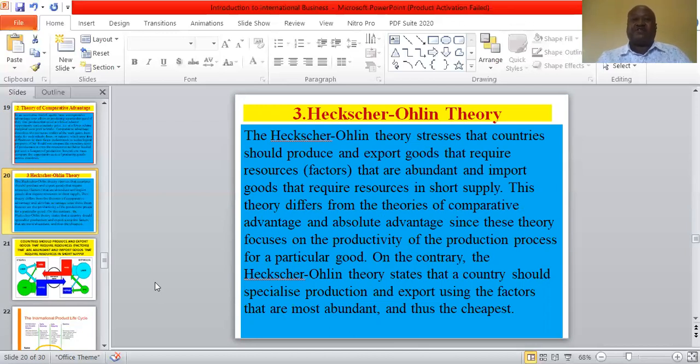This theory differs from the theories of comparative advantage and absolute advantage, since those focus on the productivity of the production process for a particular good. On the contrary, the Heckscher-Ohlin theory states that a country should specialize in production and export using the factors that are most abundant and thus cheapest.